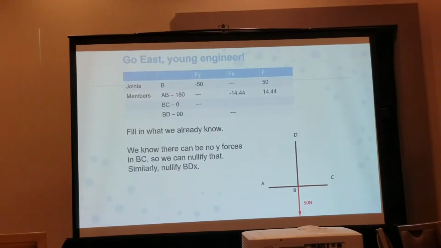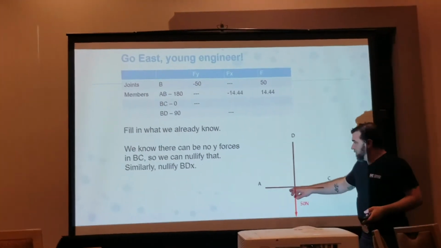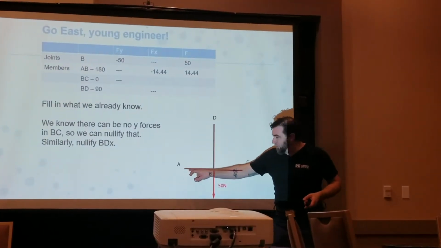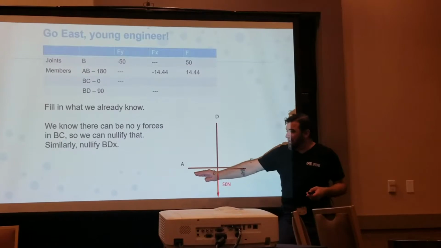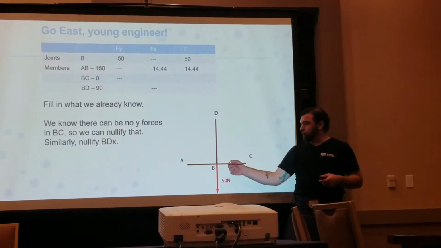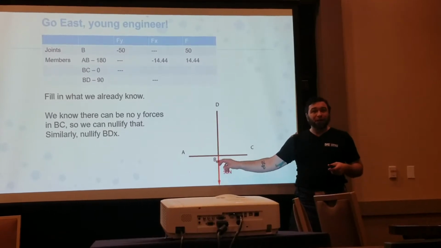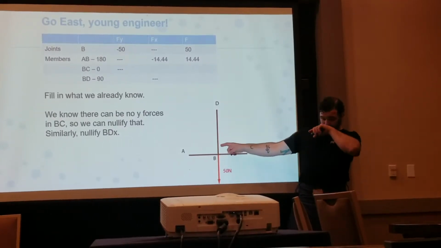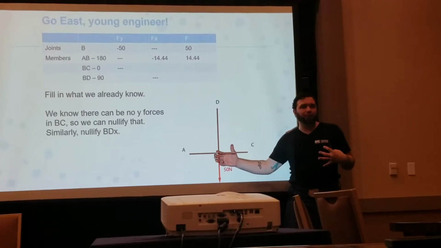The reason we're heading to joint B is that at joint B, we already know AB, which means that we have one unknown in X. We are given the load at B, which means that we only have one unknown in Y. So we can solve this joint.